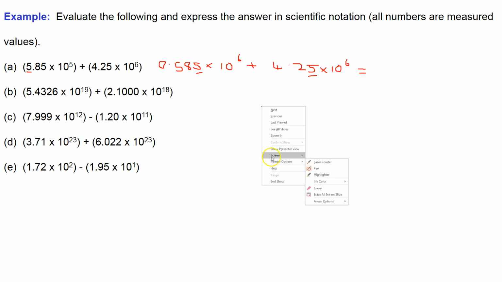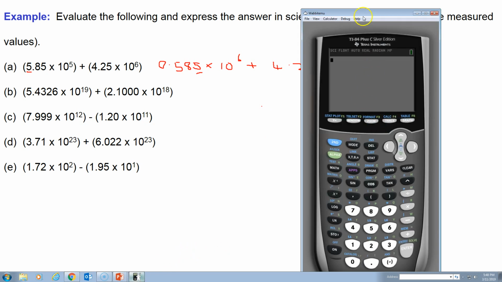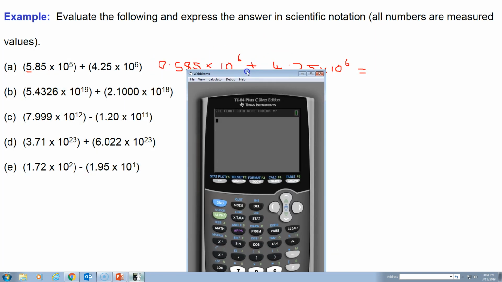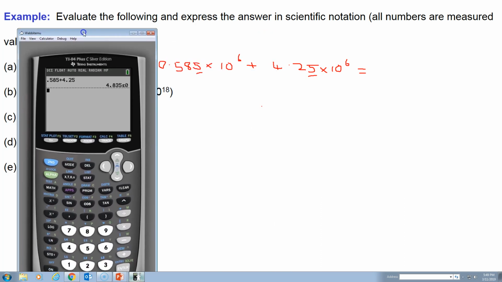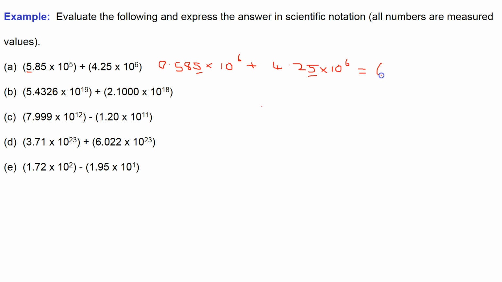So I have to kind of manually figure out where I'm going to have my uncertainty. So here we go. It's going to be 0.585 plus 4.25. So there it is, 4.835, and that would be by 10 to the 6.